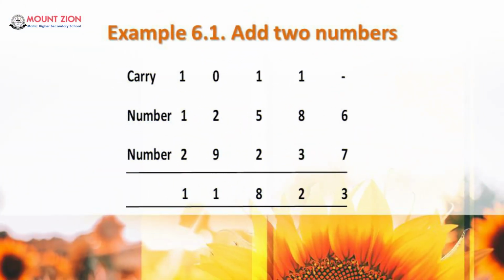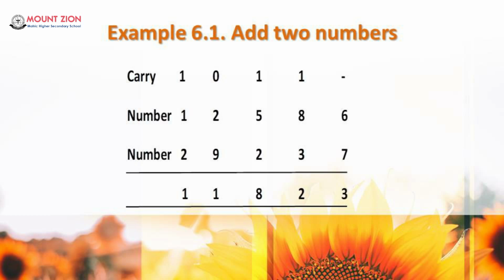Let's have an example. We have to add two numbers, 2586 and 9237. To add two numbers, we proceed by adding the rightmost digits of the two numbers, then the next rightmost digits together with the carry that resulted from the previous position, and so on.